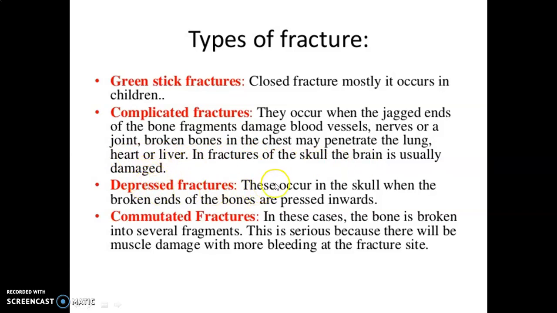Depressed fractures. These occur in the skull when the broken ends of the bones are pressed inwards. Comminuted fractures. In these cases, the bone is broken into several fragments. This is serious because there will be muscle damage with more bleeding at the fracture site.